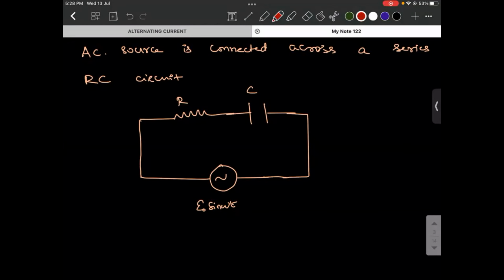Now, observe, if I is the current that is supplied by the EMF source, then the same value of current should pass through R and C, except why? Because they are in series.